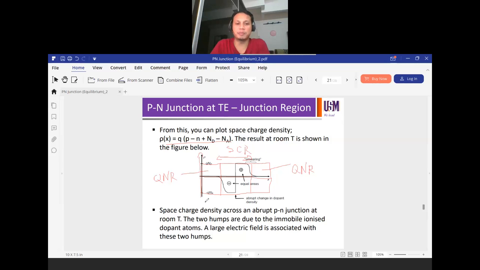Left is P-type, so the whole thing on the left is P-type, and the whole thing on the right is N-type. Why do you say P-type? Because its charge is negative, right? So why is it negative? Because we saw earlier that holes leave the P-type region, which causes that region to become negative.